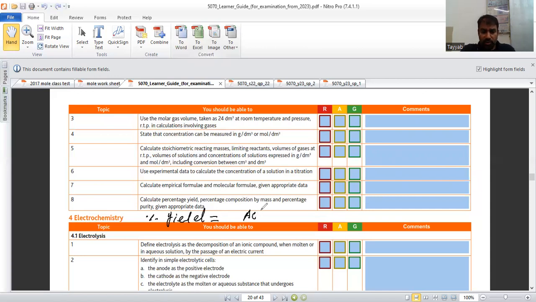What do you mean by actual value or experimental value? This is the value which you calculate in the lab actually. And what do you mean by theoretical value? Theoretical value means the value which you calculate from the balanced chemical equation. This is theoretical, in ideal condition.